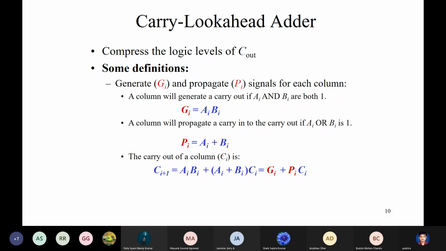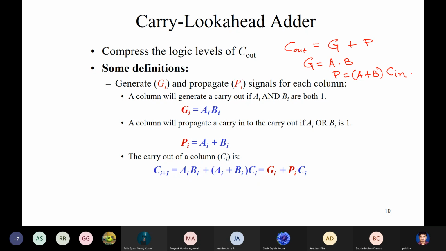We have seen that carry out can be written as a generator plus a propagator term, where the generator is A dot B and the propagator is A plus B times C. So we write carry out in this particular form, and this is for a single adder.